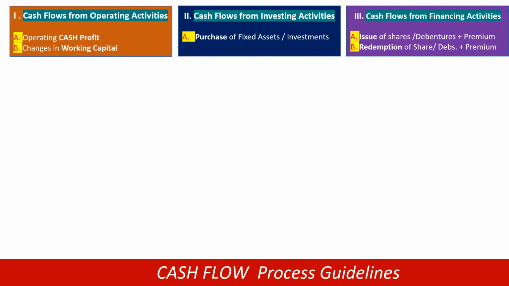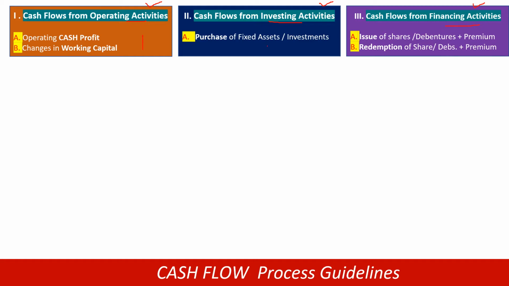Now, what does AS3 expect us to do? It expects us to report flow of cash under three heads: operating activities, investing activities, and financing activities. It says you show me cash profit under operating activities.